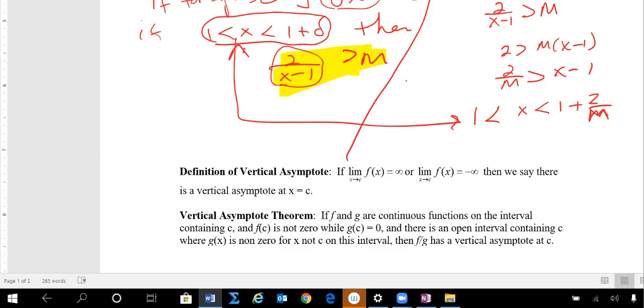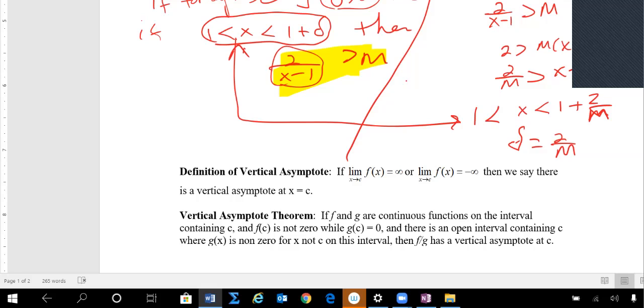That leads me to think that I'll just let delta be equal to 2 over m. And delta could be smaller than 2 over m, but it's only necessary that it's no bigger than 2 over m. It's only necessary for the proof. So this would be our delta, this size, and this would do the job.